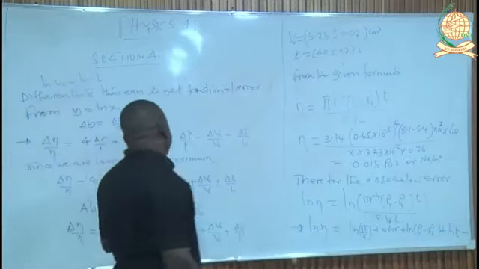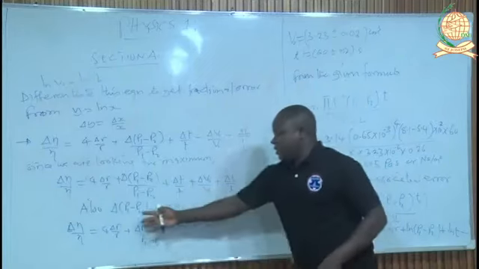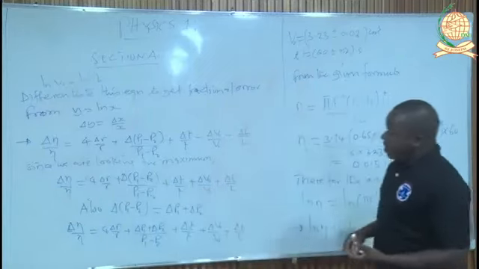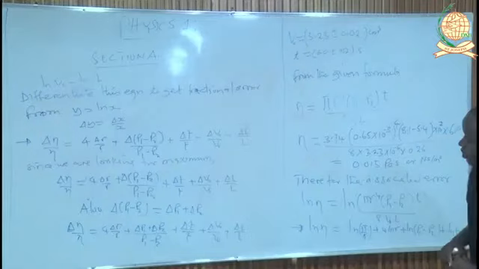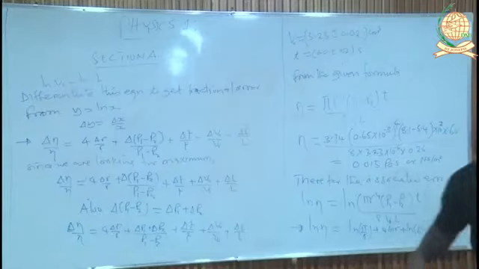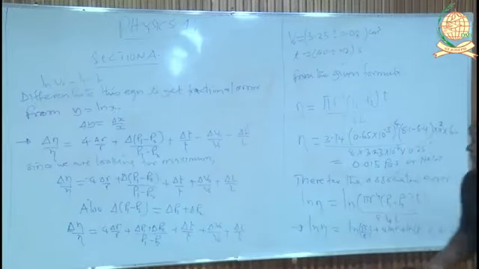We can substitute because we have the error of every physical quantity, and then we get a fraction error.